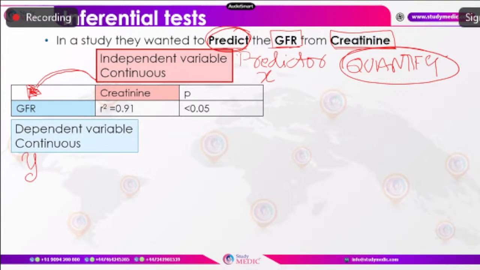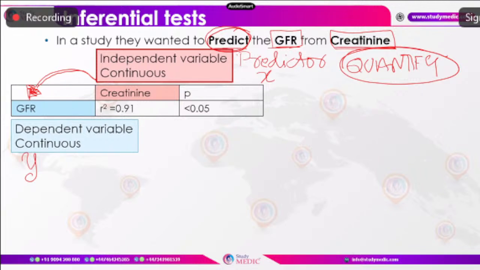So a unit change in creatinine, how much is the change observed in GFR? In all these three conditions, so predict, quantify, find the effect, we can do regression.